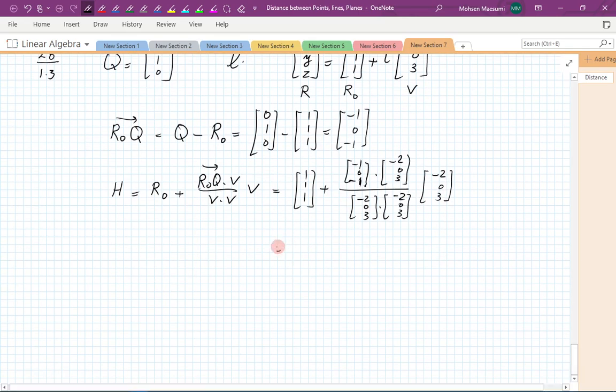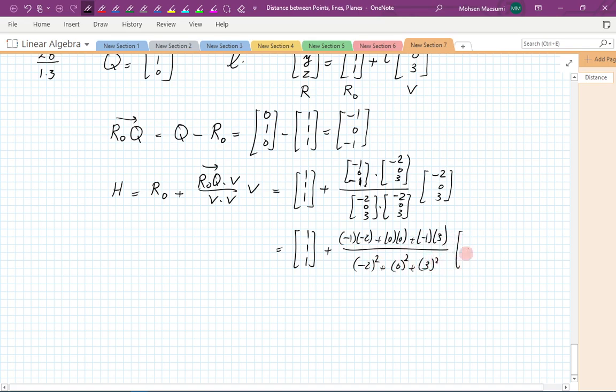So if we calculate whatever this thing is, the location of H is going to be given by 1, 1, 1 plus, I have 2, let's write, and then minus 2, 0 times 0, minus 1 times 3, denominator is minus 2 squared, 0 squared, 3 squared, then one more round, minus 2, 0, 3, and then we get 1, 1, 1, and what is this, 2 and minus 3, so it's minus 1 over, that's going to be 4 and 9, so I have 1 plus 2/13, this is just 1 and 0, and 1 minus 3/13.